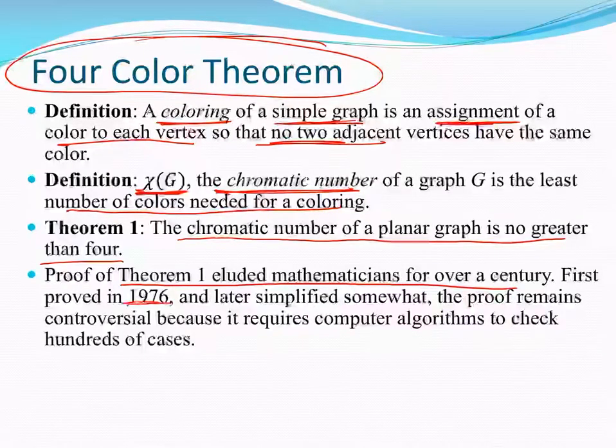It was noticed and stated back in the 1800s and finally proved in 1976. The proof is controversial because it relies on computer algorithms to check hundreds of cases for how a map might be organized.